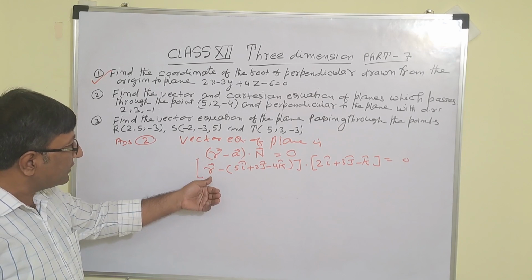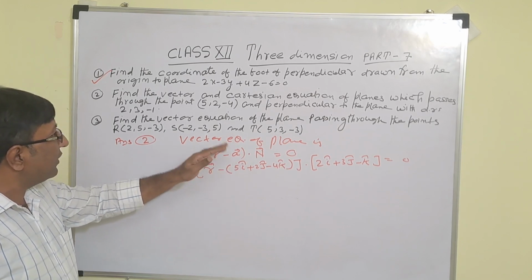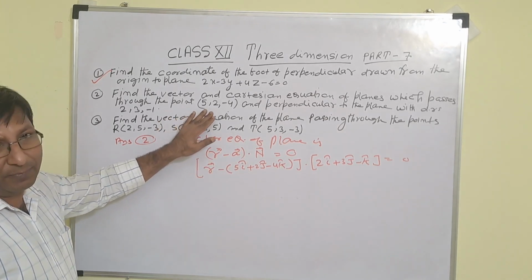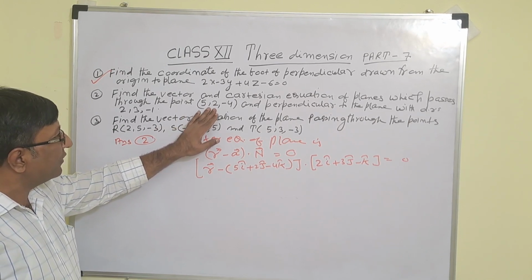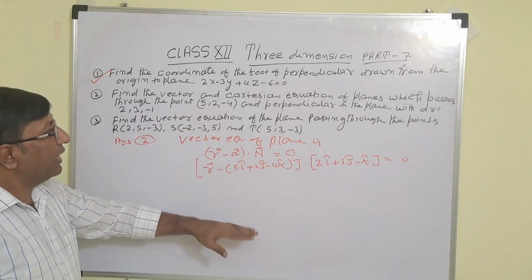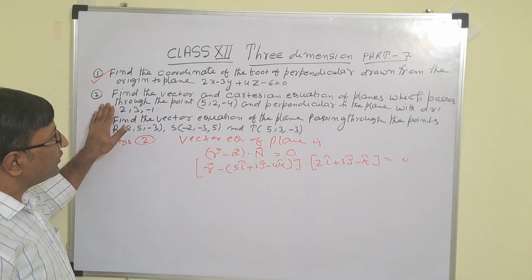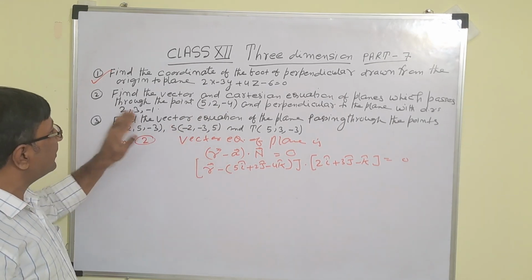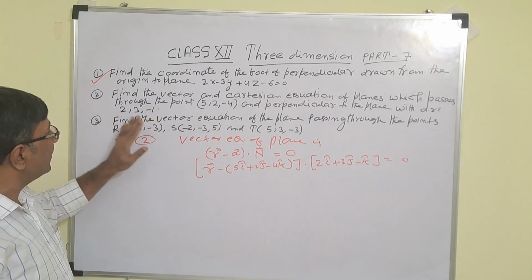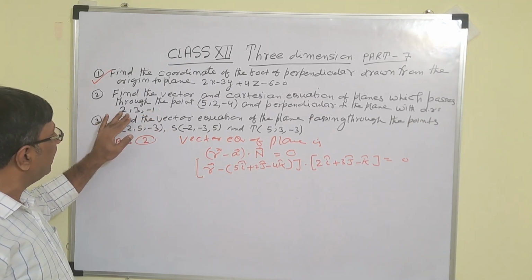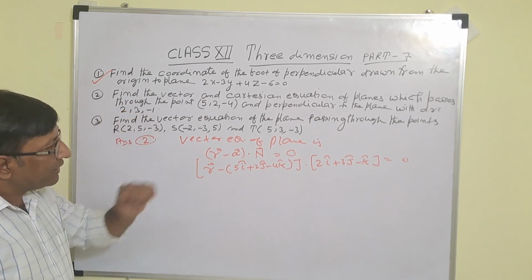Here a vector is the position vector of the given point, so this is 5i plus 2j minus 4k. And the direction ratios of the perpendicular plane are given, so n vector is 2i plus 3j minus k.